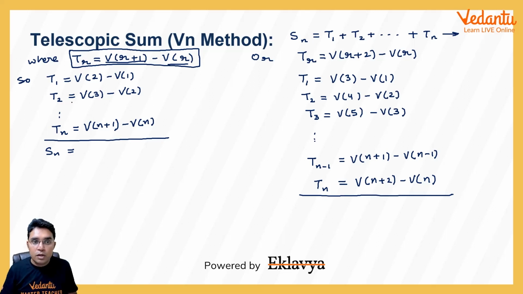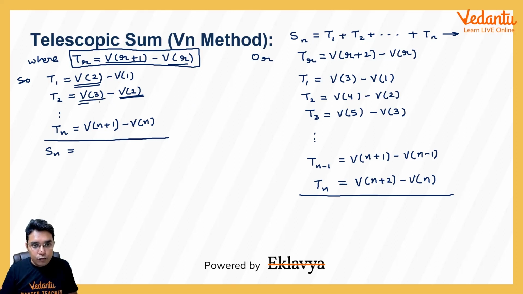Now if you write r is equal to 1, T_1 will be V_2 minus V_1. If you write r is equal to 2, then T_2 will be V_3 minus V_2 and so on. T_n will be V_(n+1) minus V_n. Now if you want the sum of all these terms, you can see here this V_2 will get cancelled with this V_2 term.